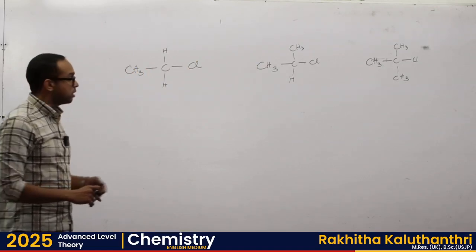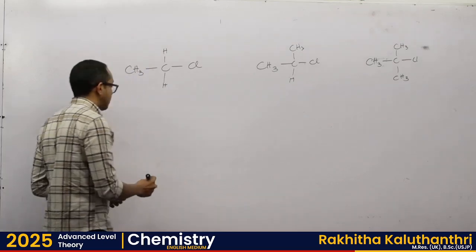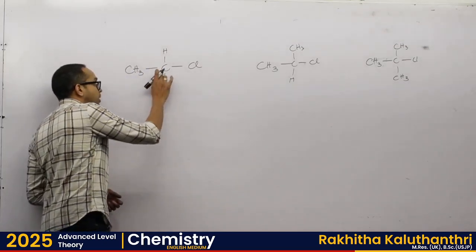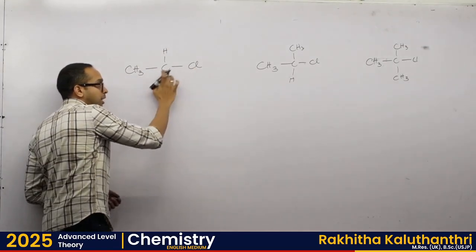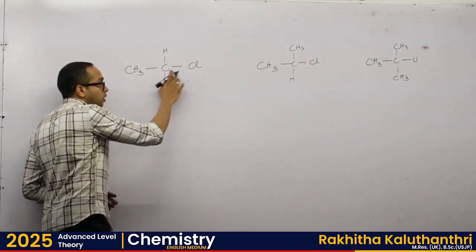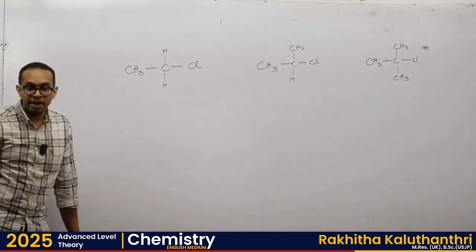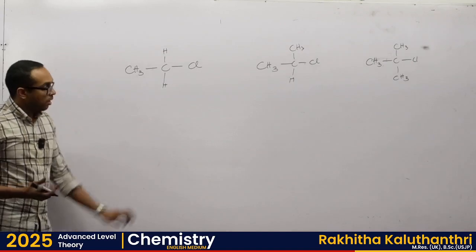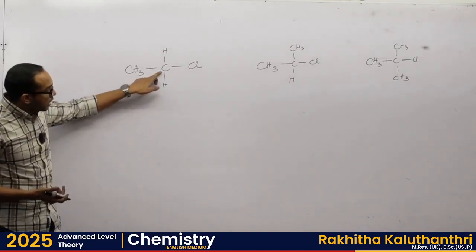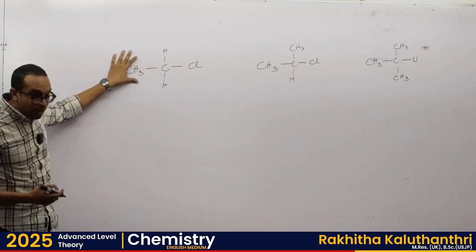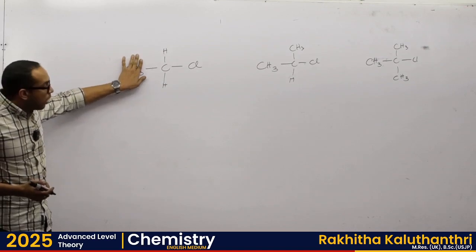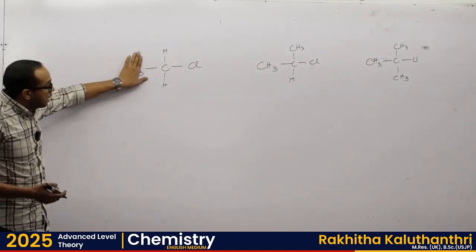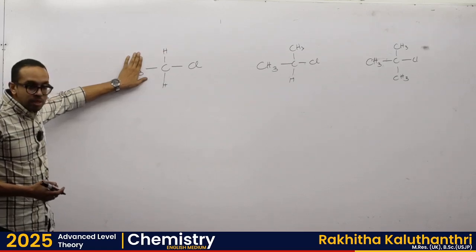Okay, so students, primary alkyl halides are quite simple. Now the carbon that is bearing the Cl, or carbon that is bonded to a halide or halogen atom, if that particular carbon is connected to only one other alkyl group, one other hydrocarbon section, then it is referred to as a primary alkyl halide.